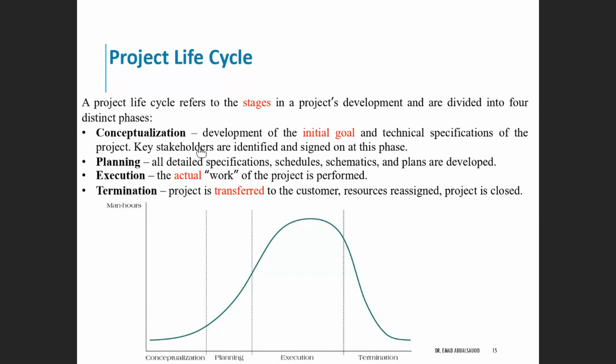You have to know who they are and have them sign on this phase. Everyone has to agree in the first phase on the goals, the technical specifications, the project specifications and the expected solutions, and all the beneficiaries of the project, external or internal, have to agree on that part. This is the first phase.